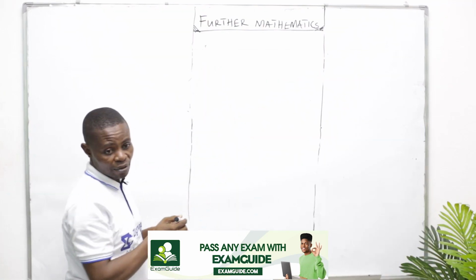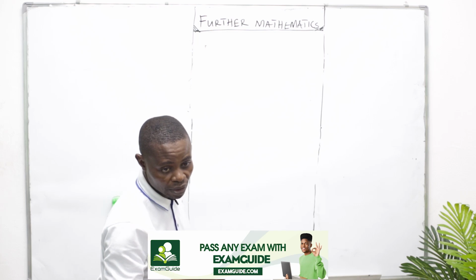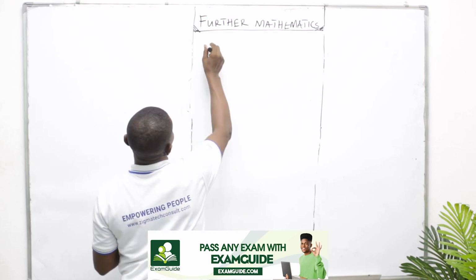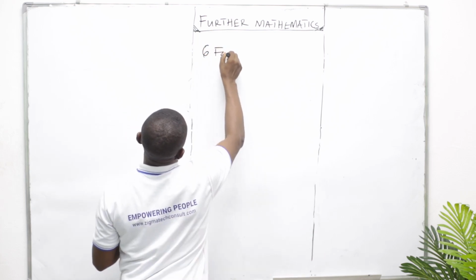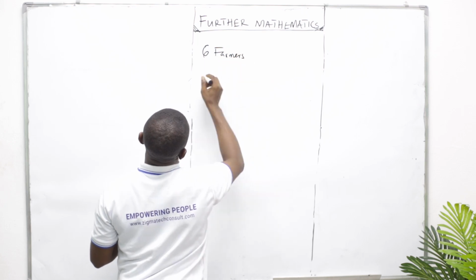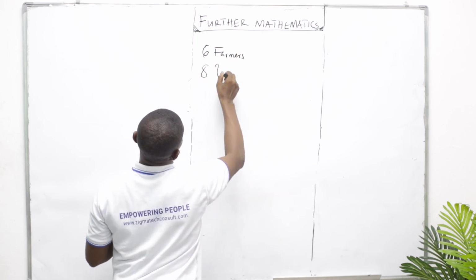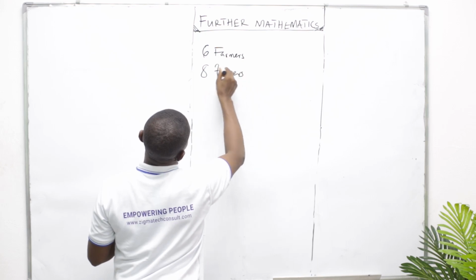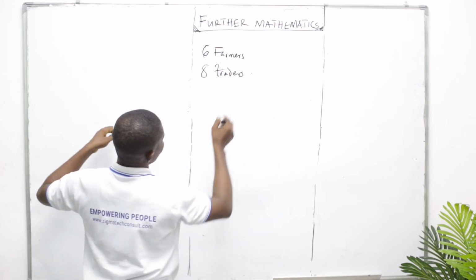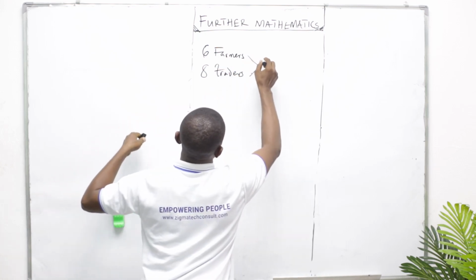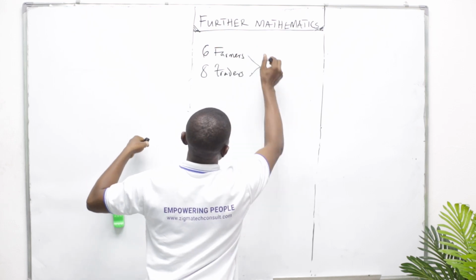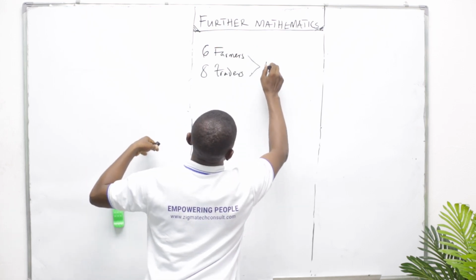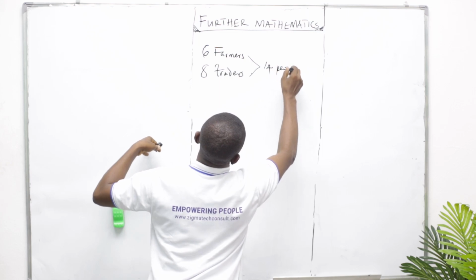We have how many traders? 8. 6 farmers, 8 traders, so the total people involved in the activity are 14 people.